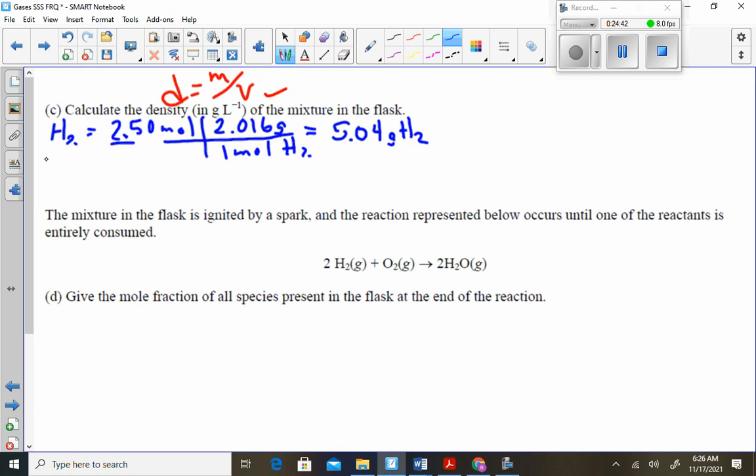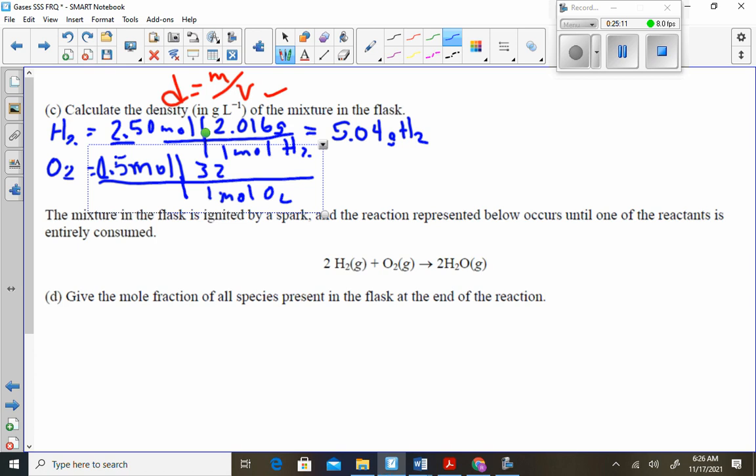And we can do the same thing for oxygen. For oxygen, we have half a mole, 0.5 moles. If we multiply by the molar mass, for every 1 mole of oxygen we have 32 grams.